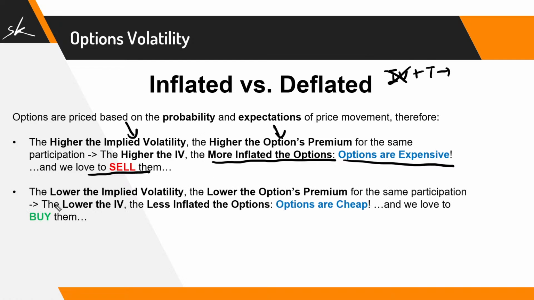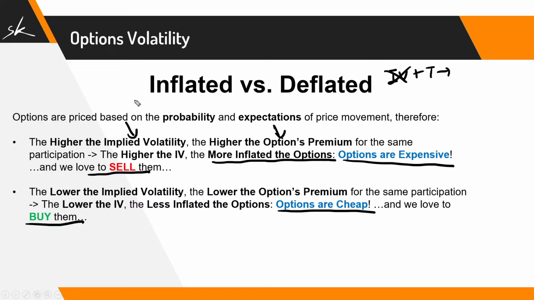Similarly, the lower the implied volatility, the lower the options premium for the same participation. The lower the implied volatility, the less inflated that option is, which means the options are currently at a cheap price, and we would love to be buyers of cheap options.